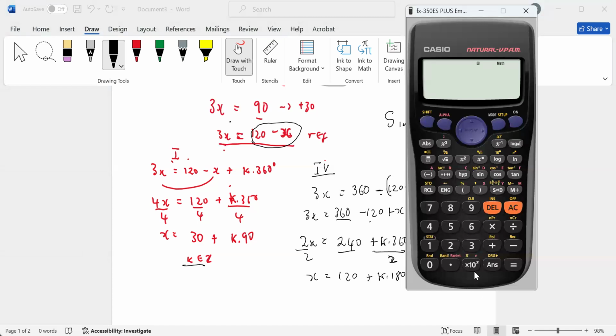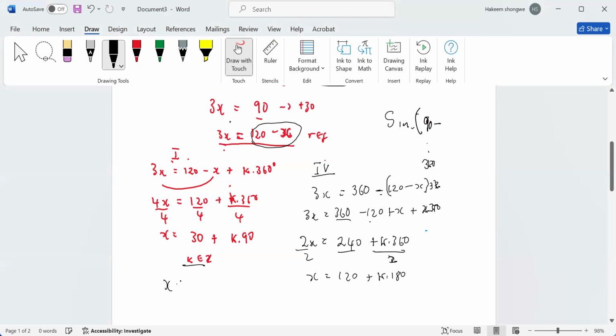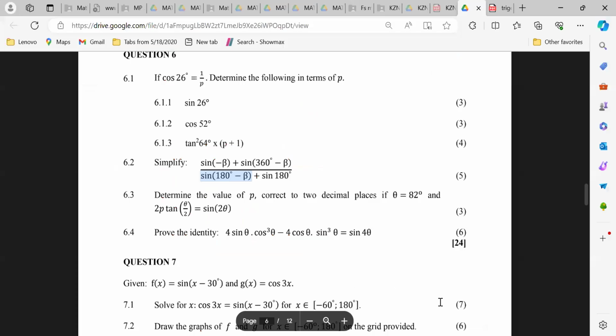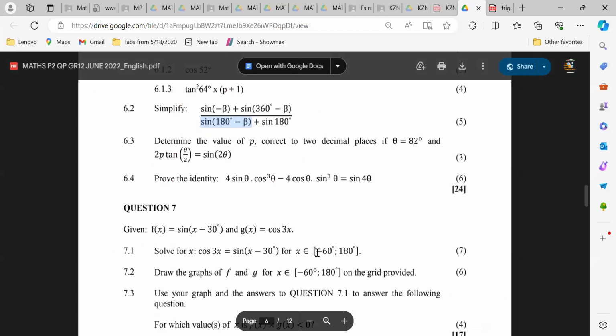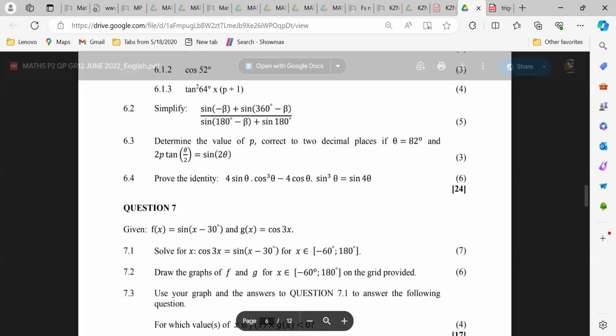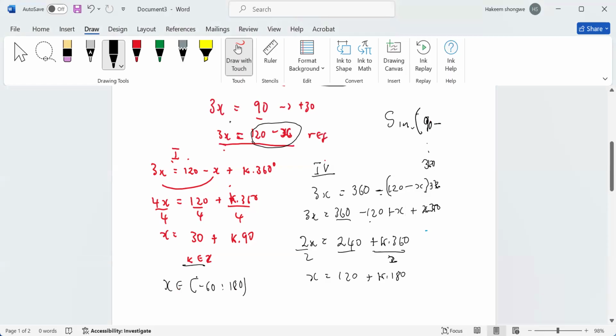So we're going to start with the smaller numbers. And remember, we're working with x as an element from minus 60 up to 180, both of them included, square bracket.